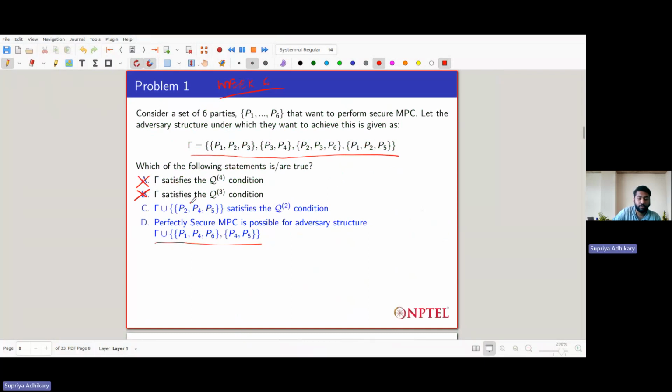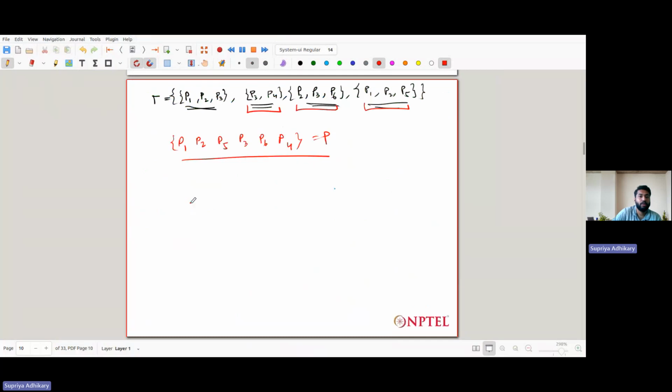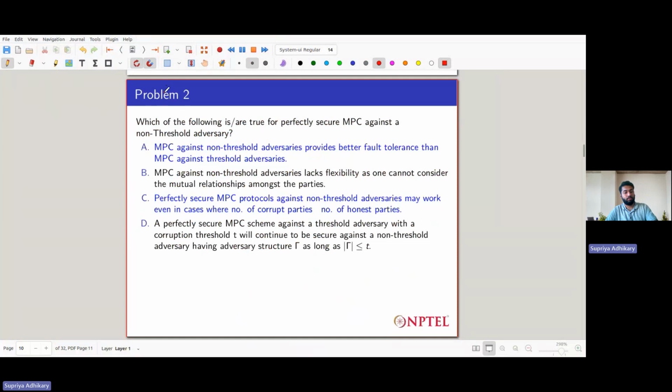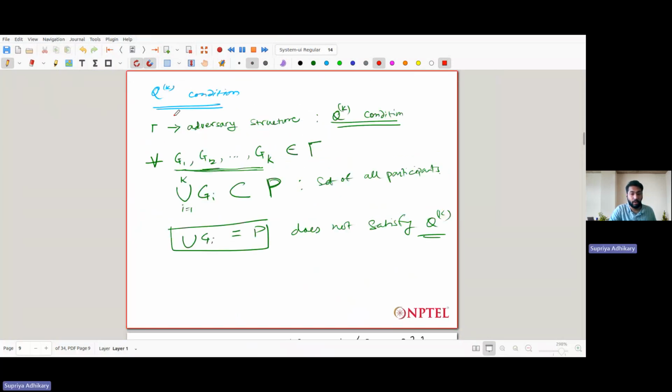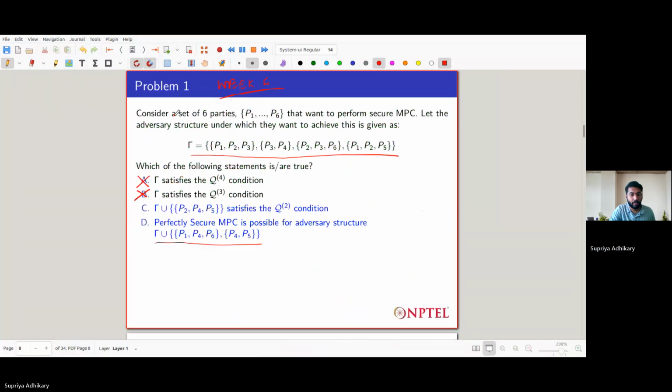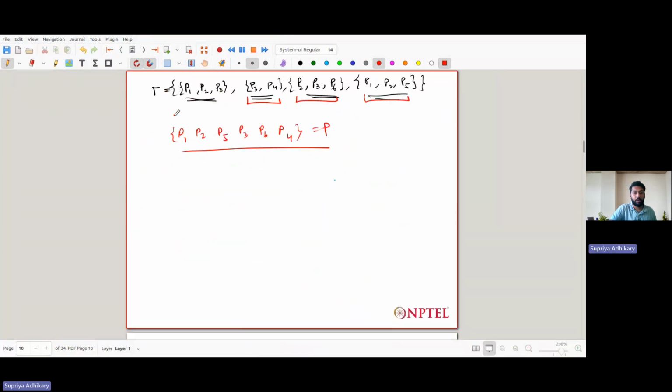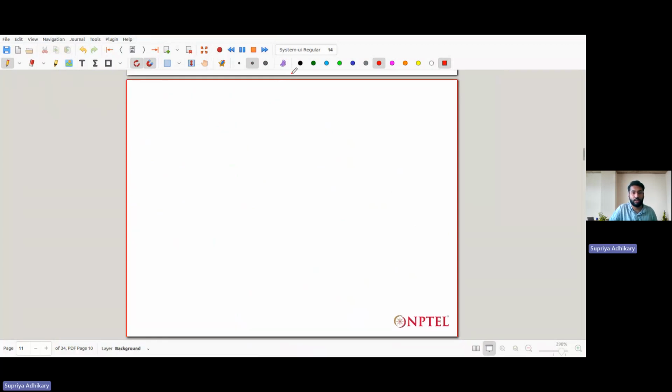Now what about the third one? Now instead of this gamma, we have one extra set in this gamma.